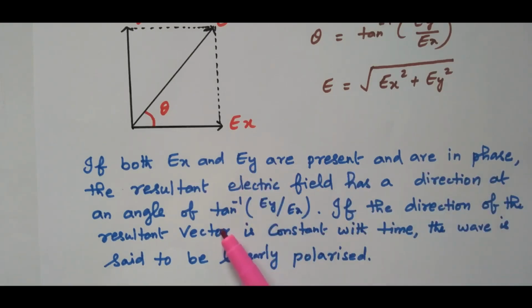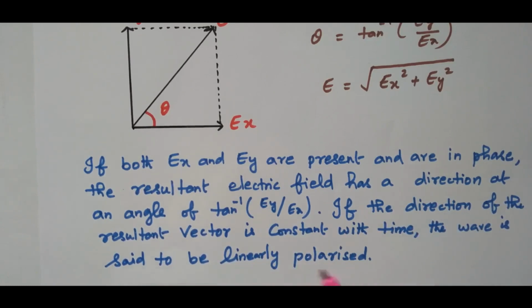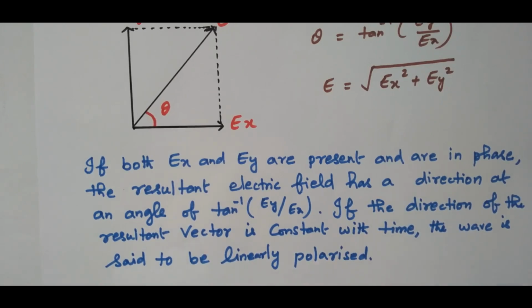So the resultant electric field is having an angle of tan inverse EY by EX. If the direction of resultant vector is constant with the time, the wave is said to be linearly polarized, right? The direction of resultant vector should be a constant with time. Then it is said to be linearly polarized, right?